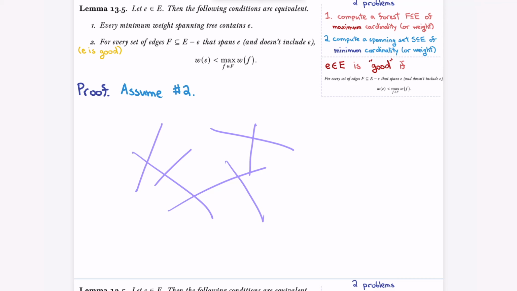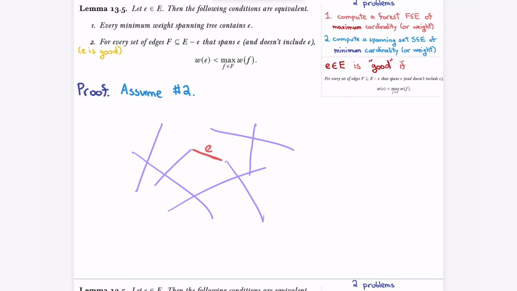So this purple might be a minimum weight spanning tree, and then suppose by contradiction it didn't contain E. E was this red edge. I don't know why I didn't choose blue to be consistent, just to keep you on your toes. So E is good, but apparently it's not in this minimum weight spanning tree. Ideally we should find a contradiction.